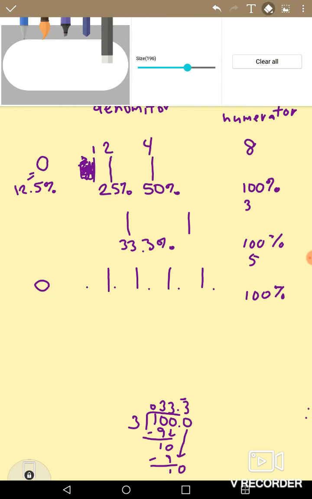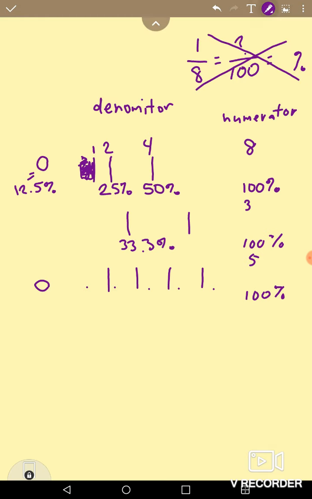Let's try it right here. 100% divided by 5. 5 goes into 1, 0 times. 5 goes into 10, 2 times. 2 times 5 is 10. 0. Bring down the 0. 5 goes into 0, 0 times.